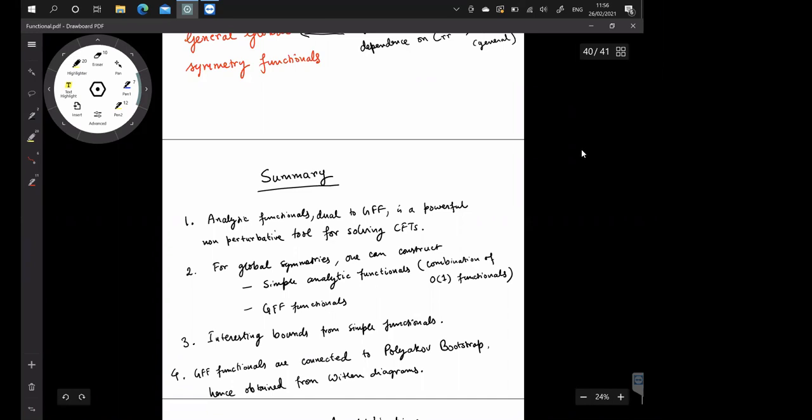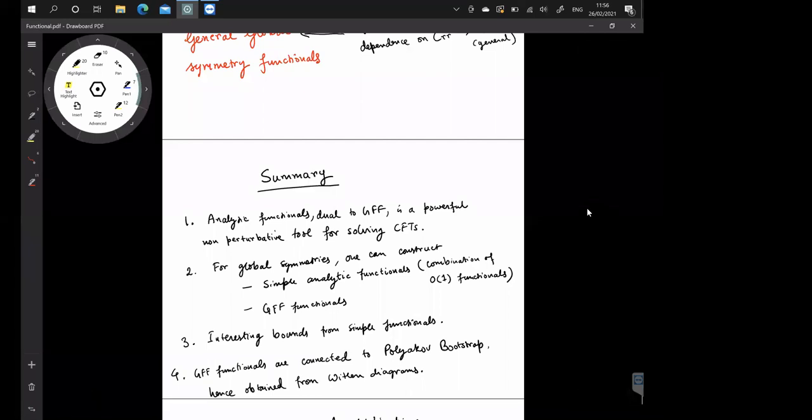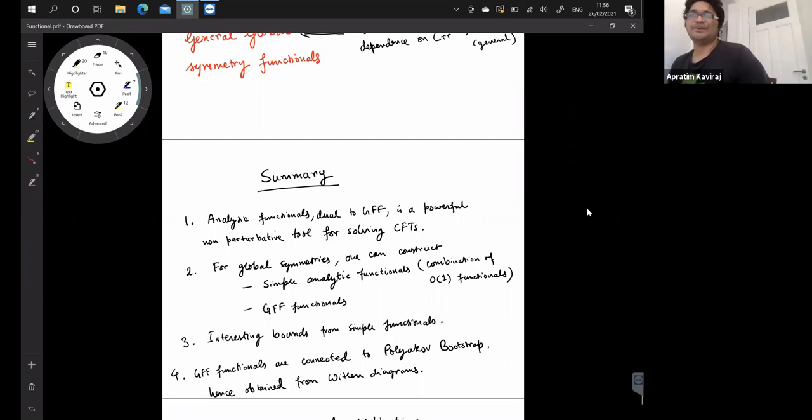Right. So Apratim, I have a general question. In the Bootstrap picture, we usually consider the 4-point functions, right? But in CFT, there are also these pentagon relations and hexagon relations and so on for higher point functions. So what happens if you consider them? Well, basically you are asking about Bootstrap for higher point functions.